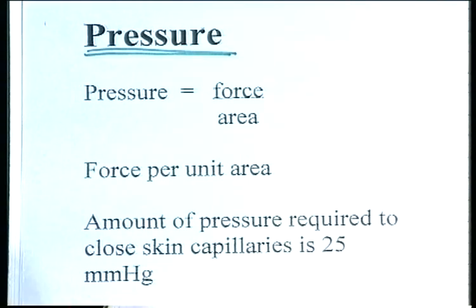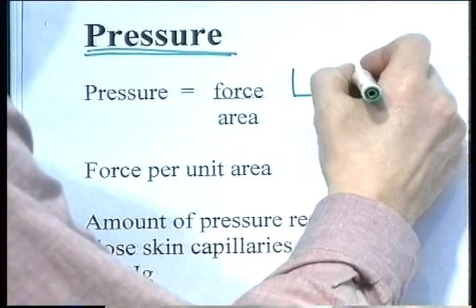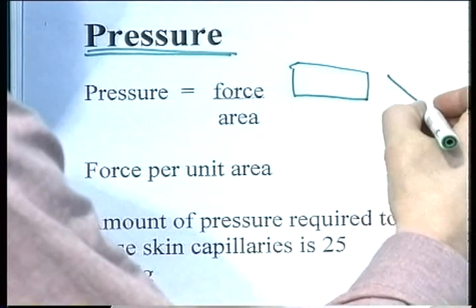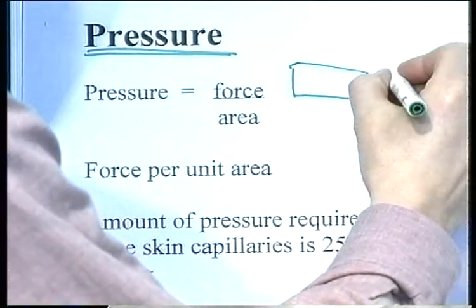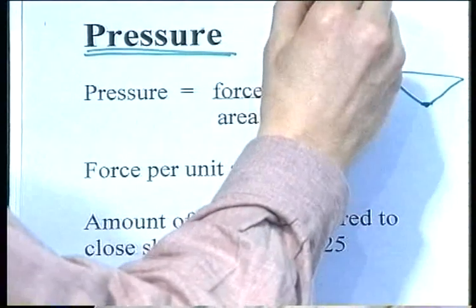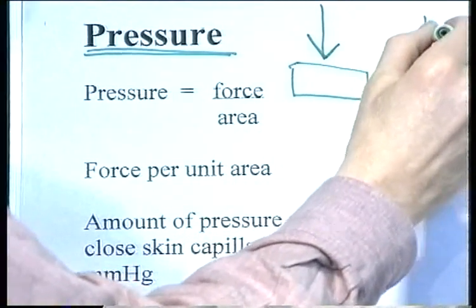So for example, if you had two blocks that weighed the same and one was this shape but one was this shape, they both weigh the same, and because they both weigh the same, then the amount of downward force generated by their weight under gravity would be the same.